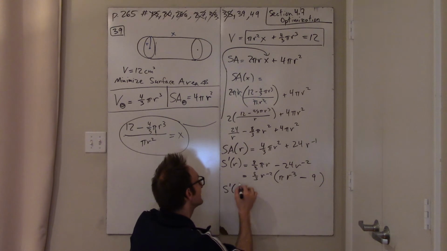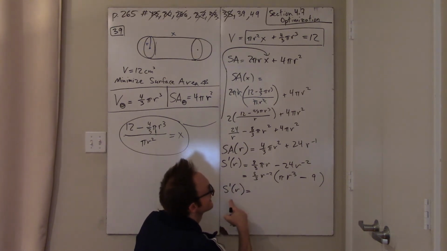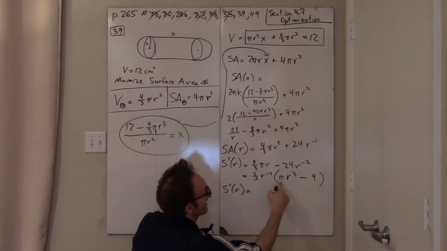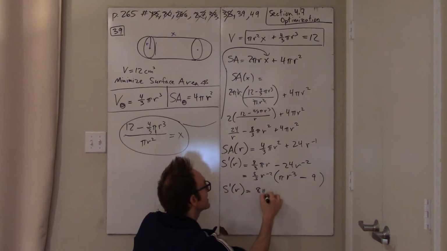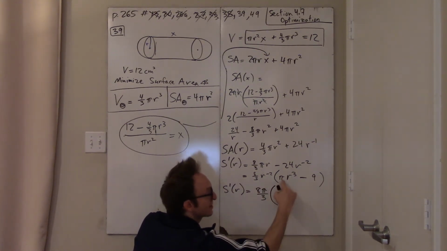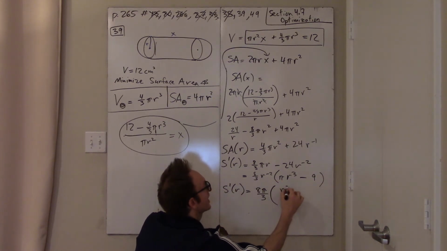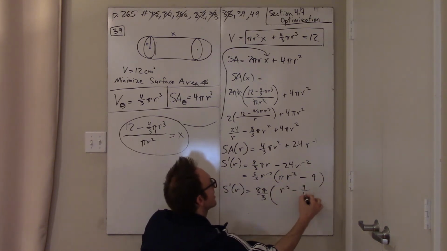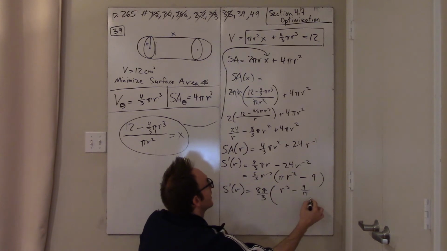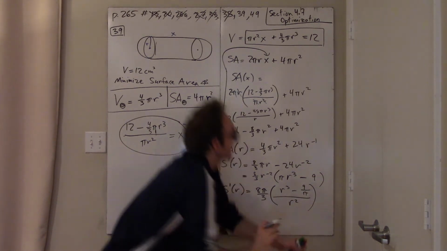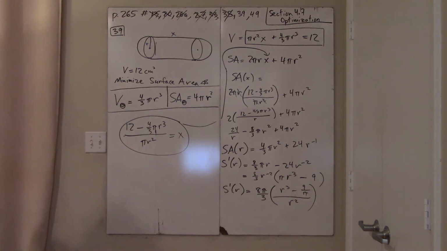So believe it or not, this derivative is, by taking out a pi, going to be 8 pi over 3 times r cubed minus 9 over pi, all over r squared.